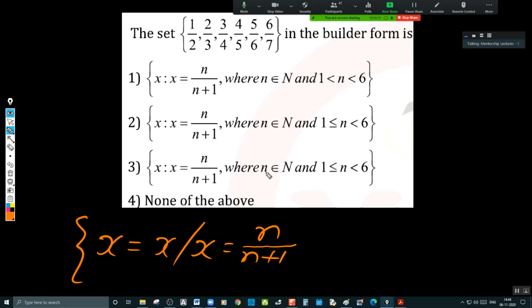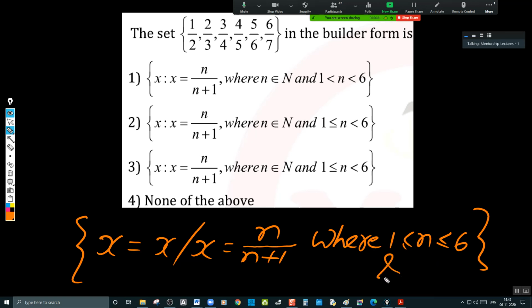So I'll write it as n by n plus 1, where 1 is less than or equal to n is less than or equal to 6. You have to write like this. And n is obviously a natural number. This is how you have to understand this.